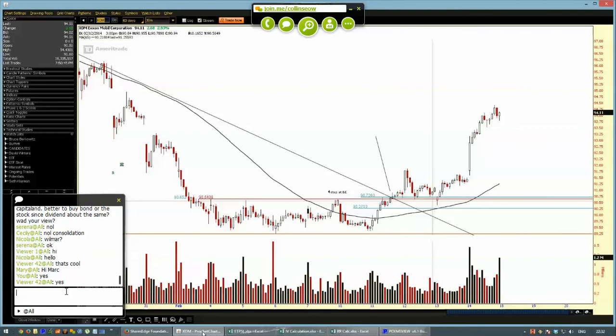It will take at least a few days, 3 to 4 days. So my entry was here. After it broke out of this resistance zone, I put a stop here, and then I trade it into space. Alright, so trading is actually very simple. You just need to choose the right stocks to trade, and then you execute your plan, and you plan beforehand, and then you execute your plan.